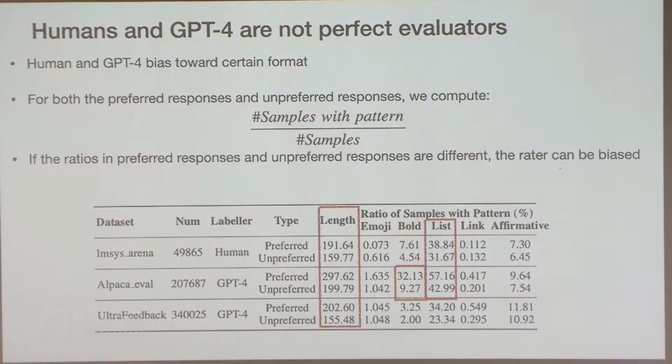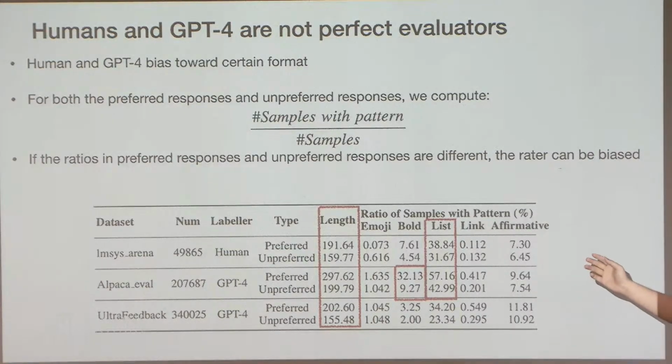We collect a lot of open source preference datasets, and we compute the ratio of samples containing certain patterns. These patterns can be longer responses, responses containing emoji, bold text, lists, or links. If the ratios in the preferred responses and the unpreferred responses are different, this can imply some bias of the rater toward this pattern.